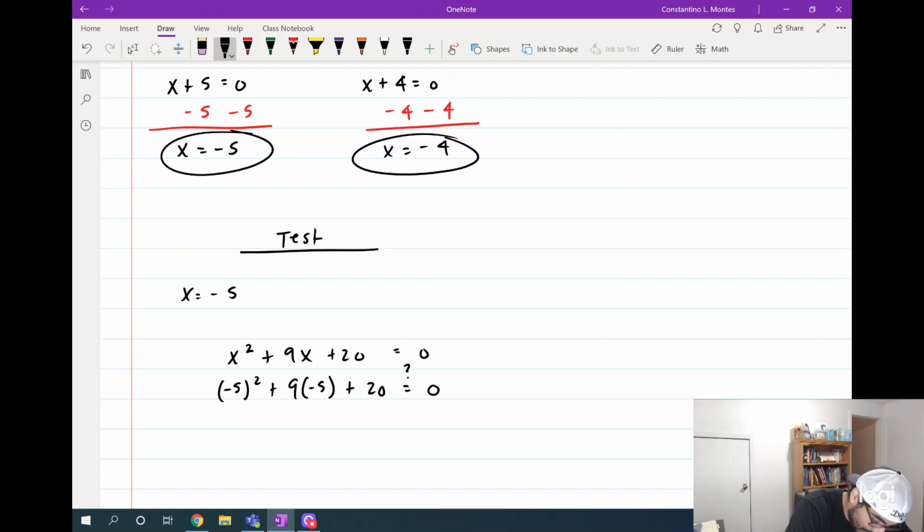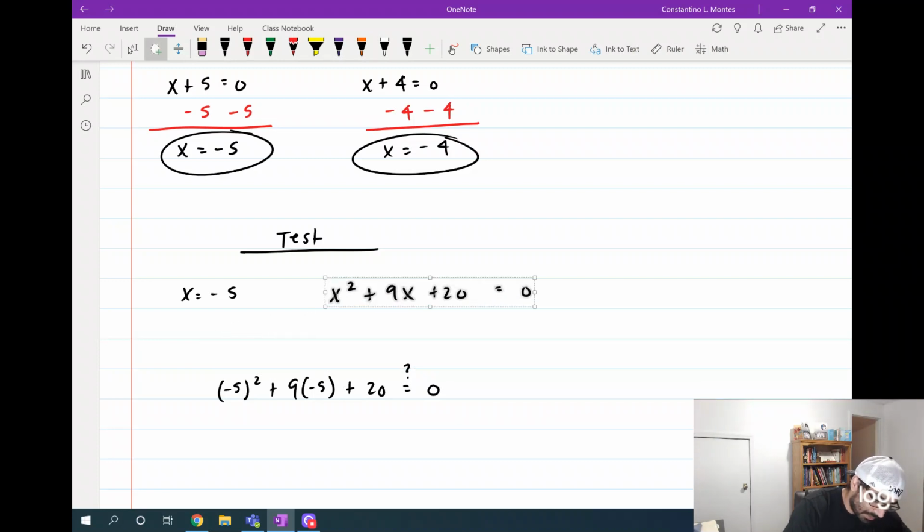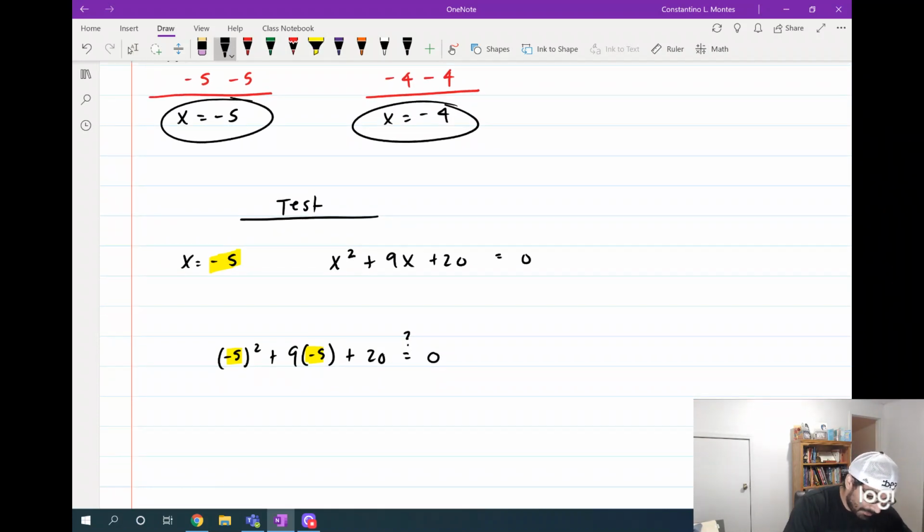And I'm going to put a question mark there because I don't know if that's true yet. And let me move this up here. And also, let me highlight this because this is what we plugged in, right? Everywhere I saw an x, I plugged in negative 5. So negative 5 squared means negative 5 times negative 5. That's positive 25.